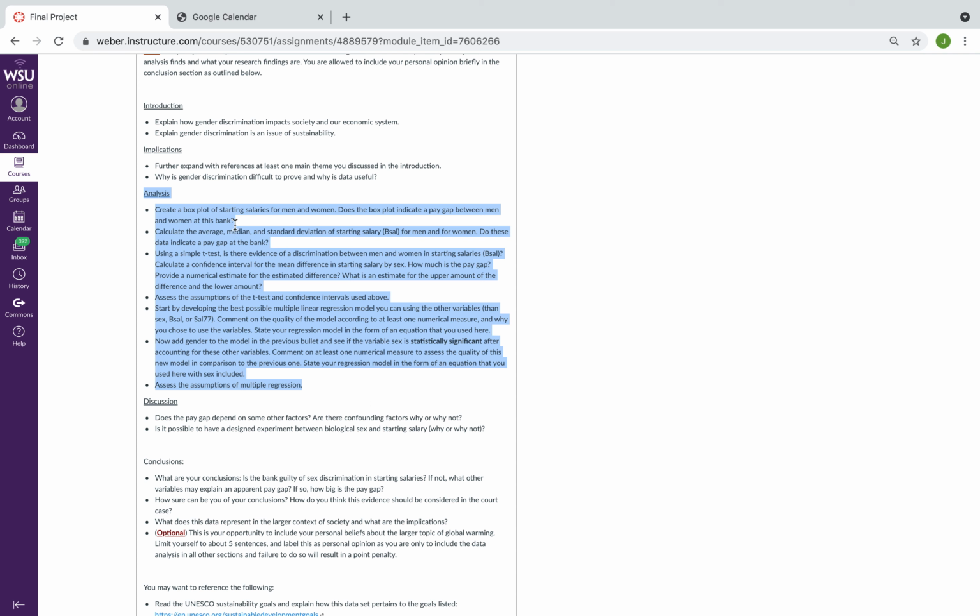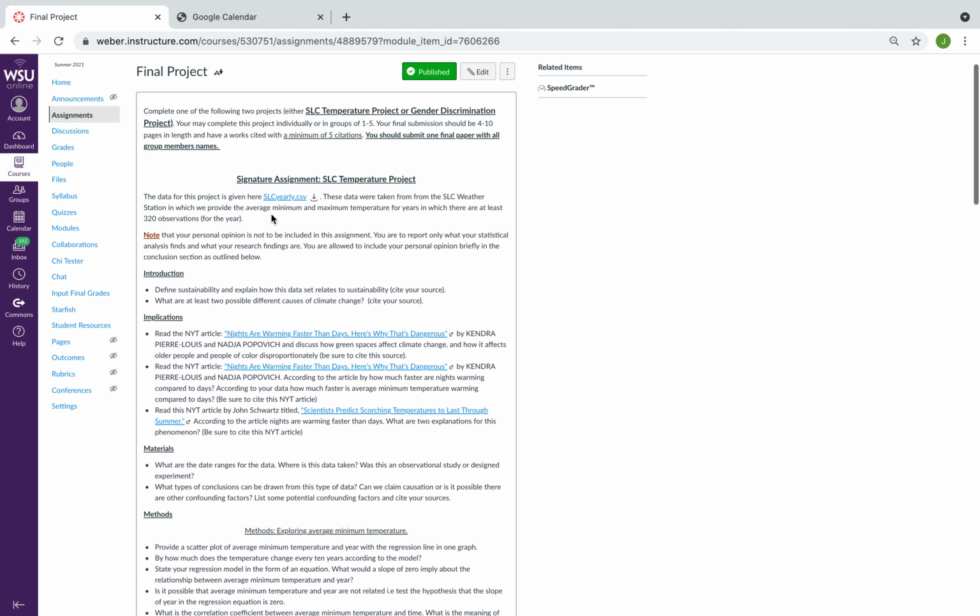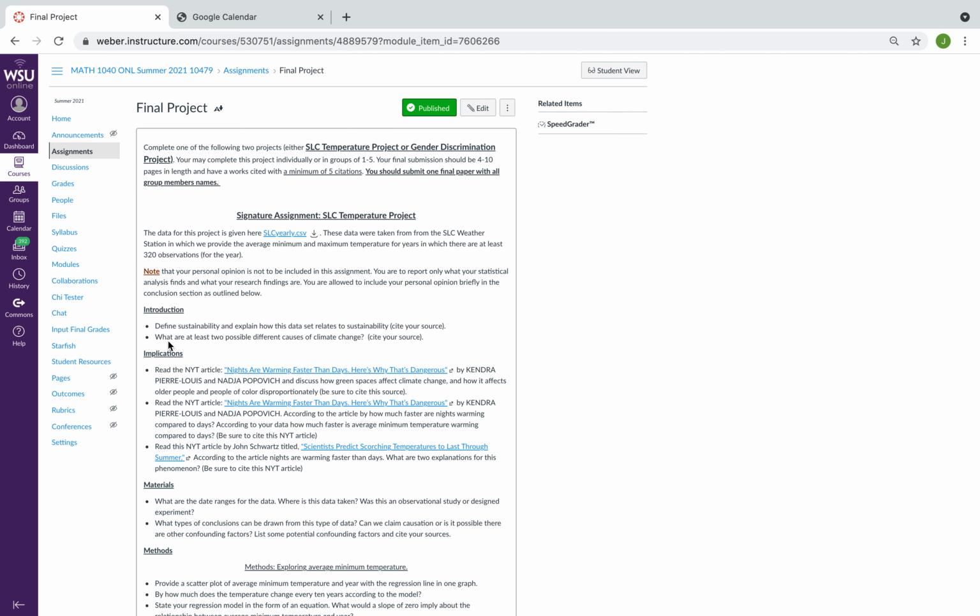Okay, you might think because there are fewer bullets that this one is easier, but I think that this project is actually the most streamlined and straightforward project, because I grade you on addressing the bullets as best you can in an independent fashion. And these bullets are very well outlined.